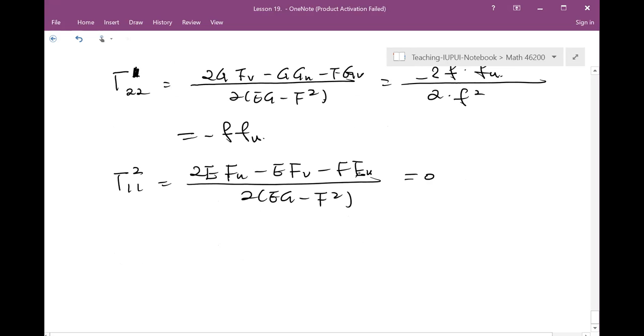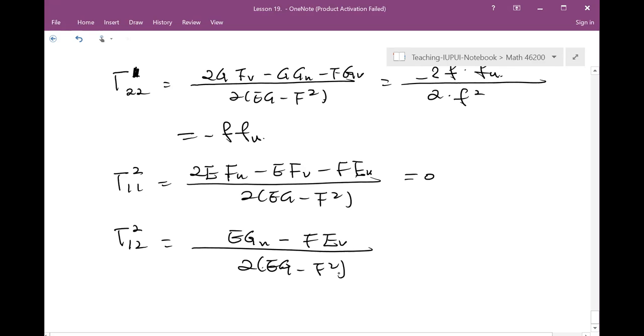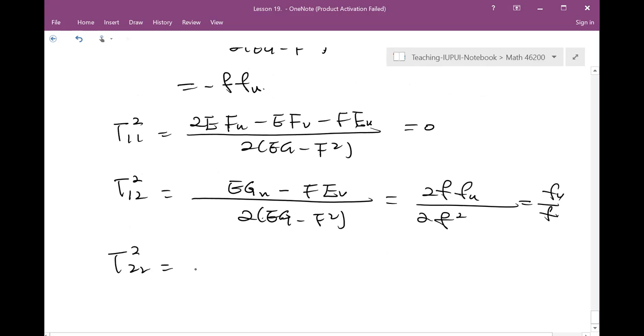Gamma 2 1 2 is E G_u. We're almost there. E is 1, E G_u equals twice of F F_u, the second part is 0, here's 2F squared. So my answer is F_u over F. And gamma 2 2 2, I think this is going to be 0.